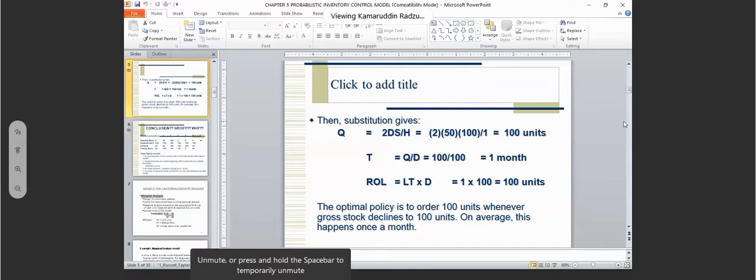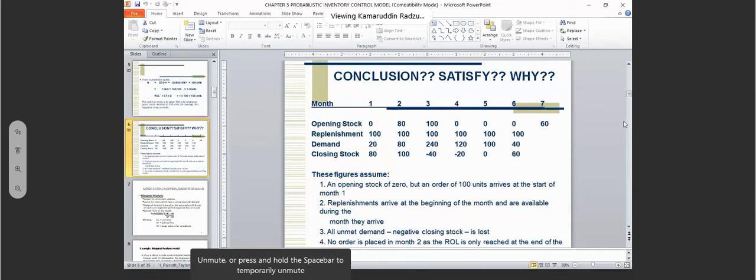So on average, this happens only once a month. So if we analyze based on this table that we developed from the data, let's say the opening stock is 0, which means that we need to replenish 100 units.